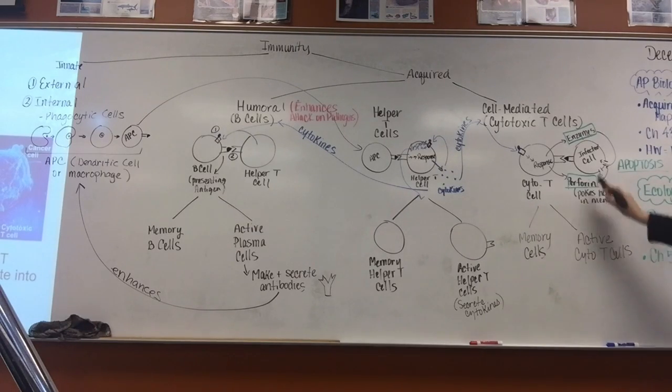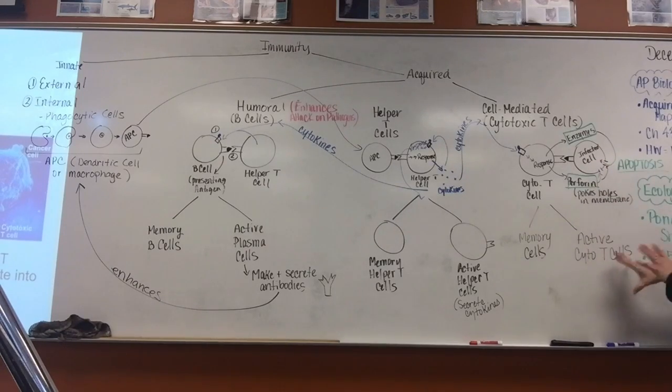When this cell divides and differentiates and makes more active cytotoxic T cells, these can go and find more infected cells and fight the current infection. How do they know it's infected? Because the infected cells display the antigen. This process is happening a lot because this cytotoxic T cell divided and made many of them.